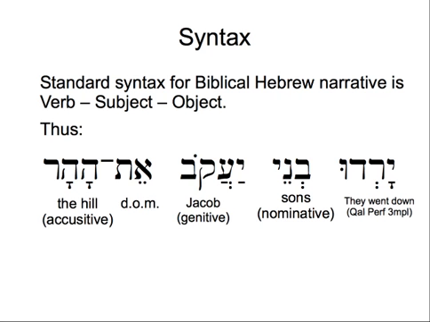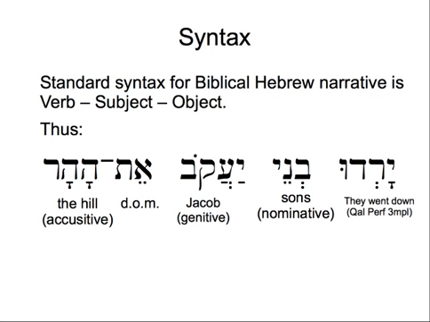Lastly, let's talk about biblical Hebrew syntax. The common order, at least for Hebrew narrative, is going to be verb first, followed by the subject, followed by the object. There are exceptions to this, but this is going to be your normal narrative.